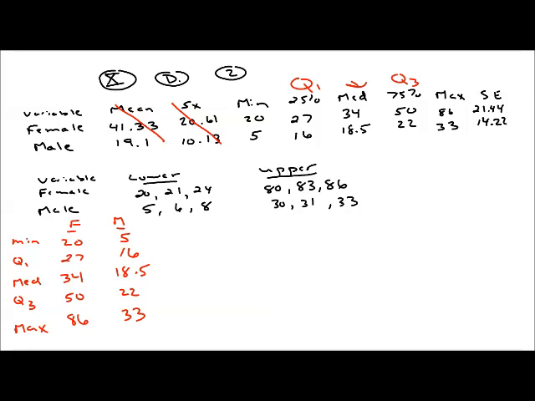Now the next thing we're going to do is find out, do we have any outliers? So let's do female first. I do Q1 minus 1.5 IQR, and Q3 plus 1.5 IQR.